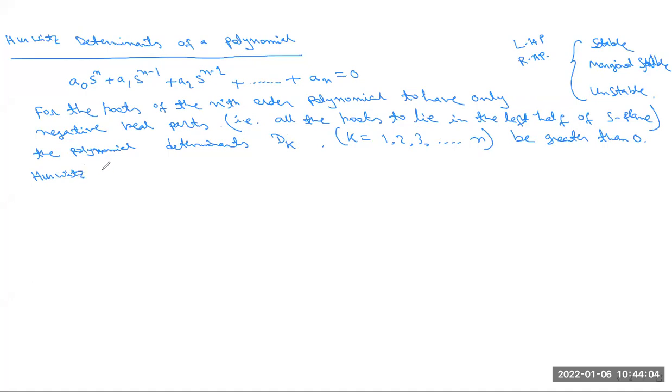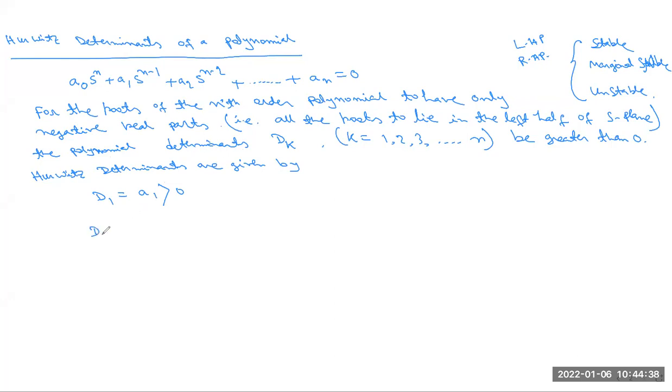So Hurwitz determinants are given by: first D1, this is a1 greater than 0. I am telling that this is the first one, D1, so that means a1, and this value is always greater than 0. This is basically the polynomial determinants of the Routh, sorry, Hurwitz criteria.